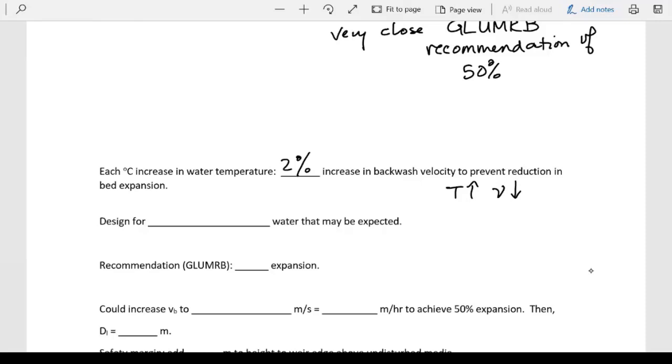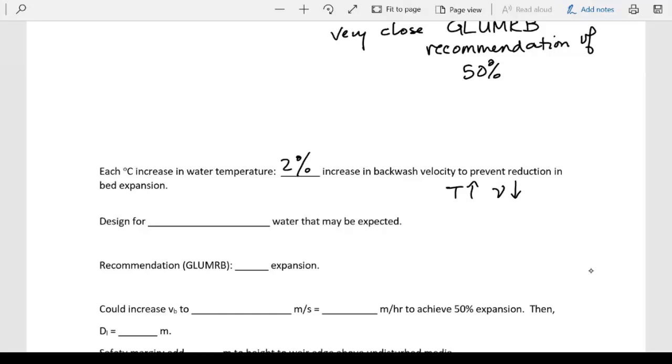Just to give you an example, in Flint, when they were treating the Flint River water, the temperature varied over roughly 18 months from 2 degrees centigrade to 23 degrees. So they had a 21 degree centigrade change in temperature.